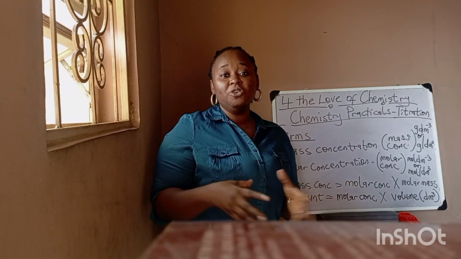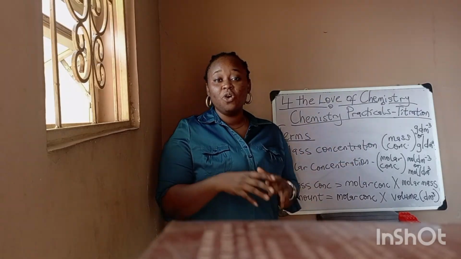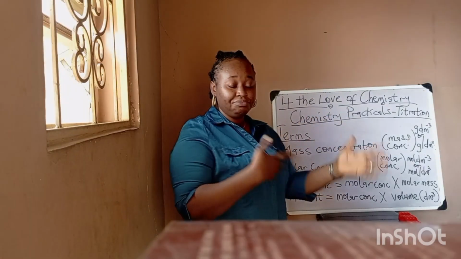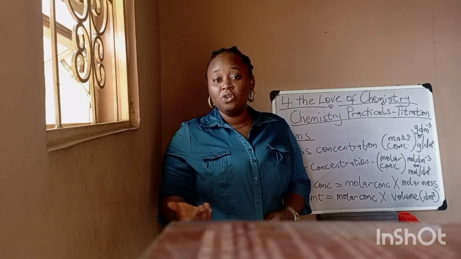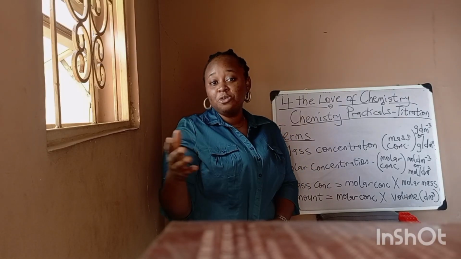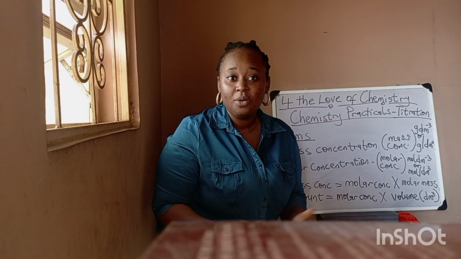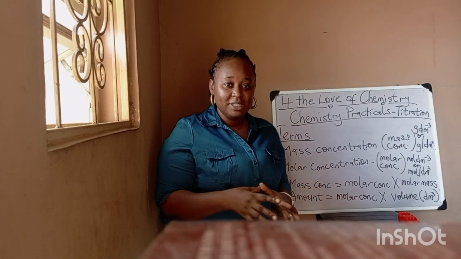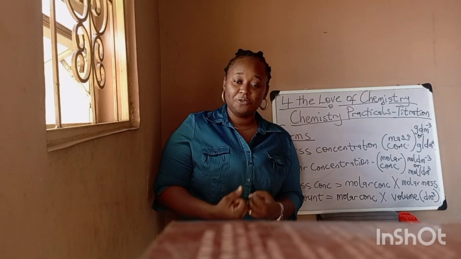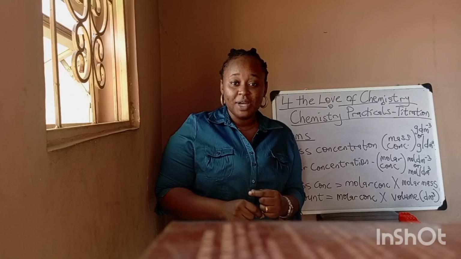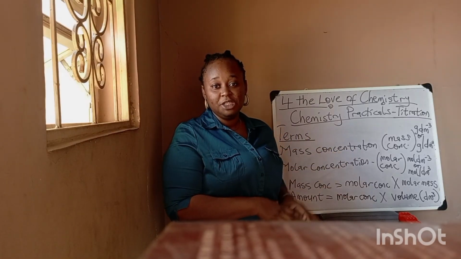After you've done your titration and gotten your volume of acid used, or volume of whatever A is given, or whatever you are asked to titrate with, there are some calculations that follow. My area of interest is on those calculations, okay?